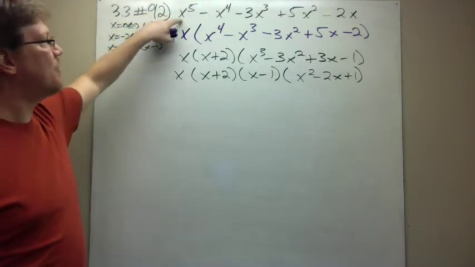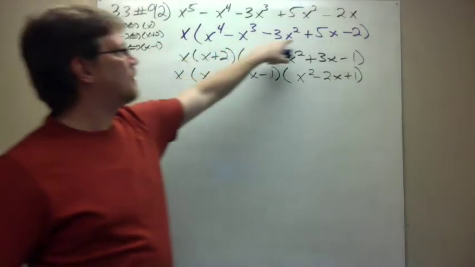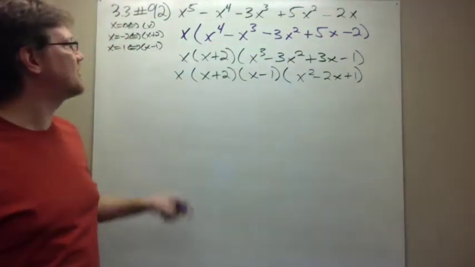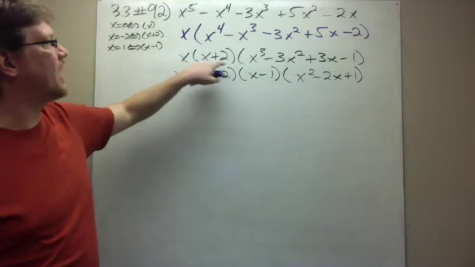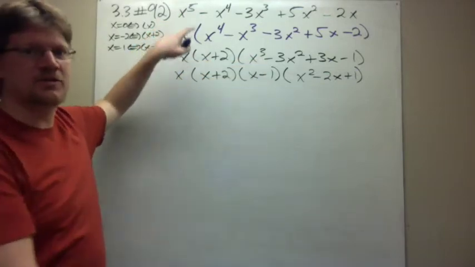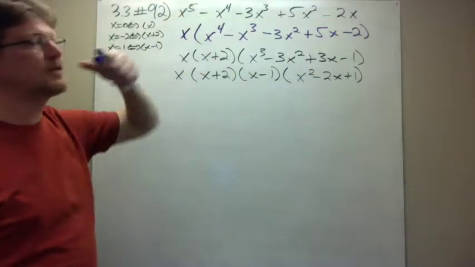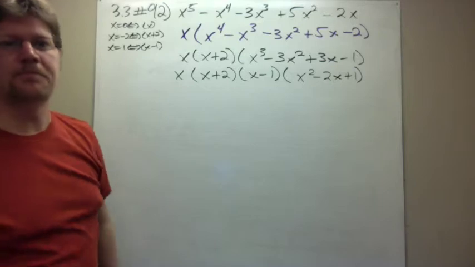At each step, we've pulled out a linear factor, gotten a polynomial that is 1 degree less. Now we have 2 factors, so our remaining polynomial is 2 degrees less than we started with. We've pulled out 3 factors, so our remaining polynomial is 3 degrees less than we started with.